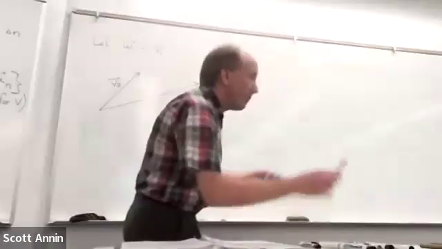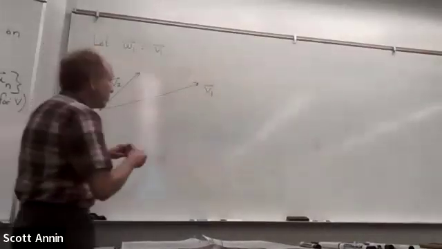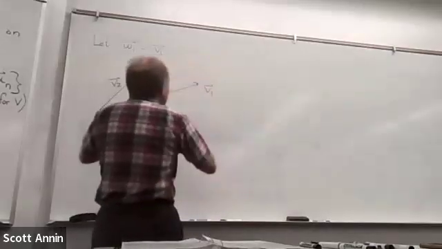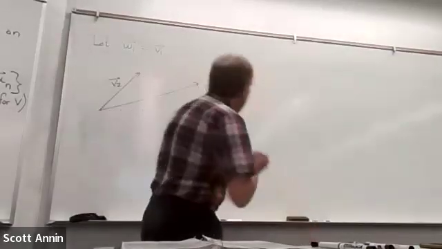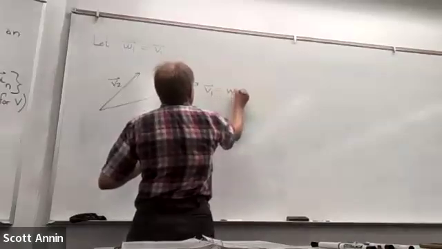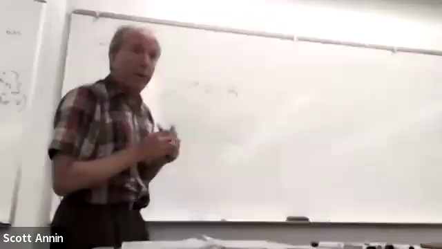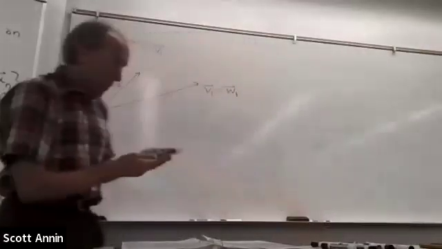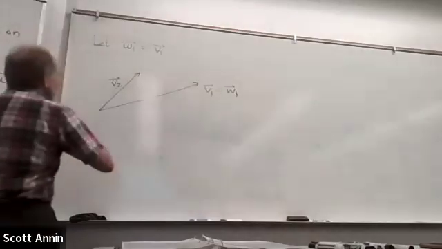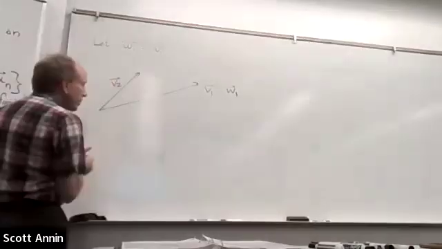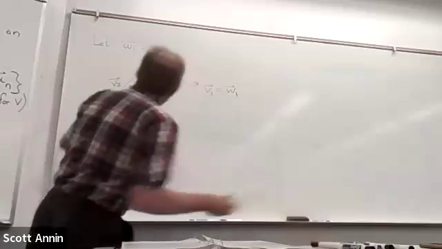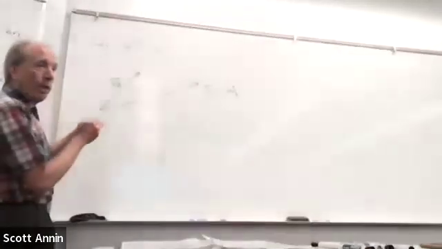What we are going to do, my friends, is first relabel V1 as W1. Remember, W1 is just going to be V1. And we are going to do a projection of V2 onto V1.